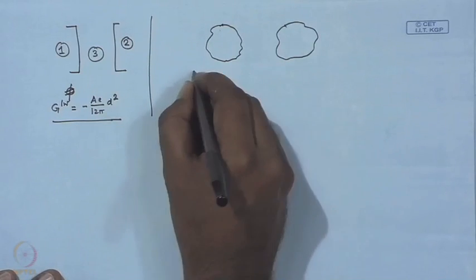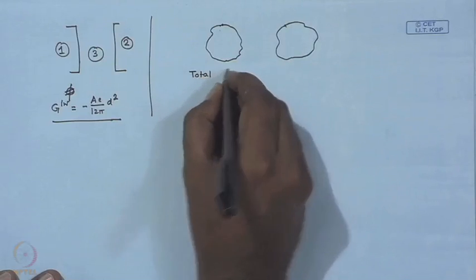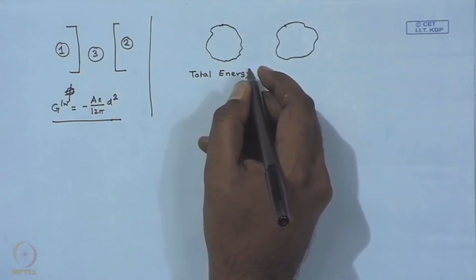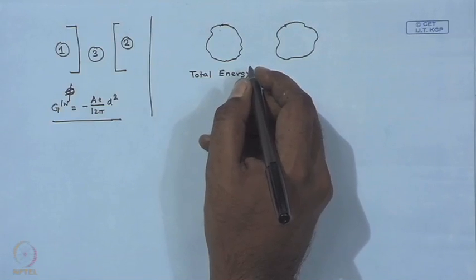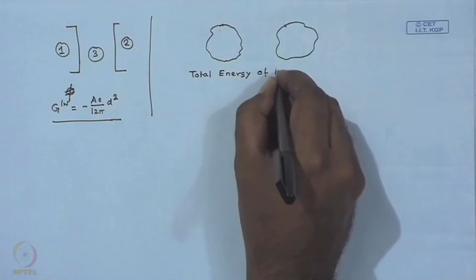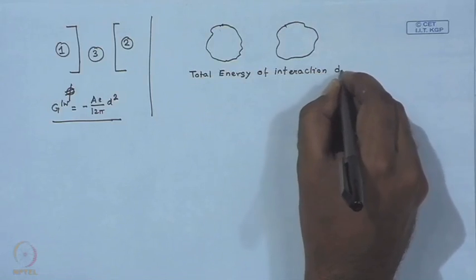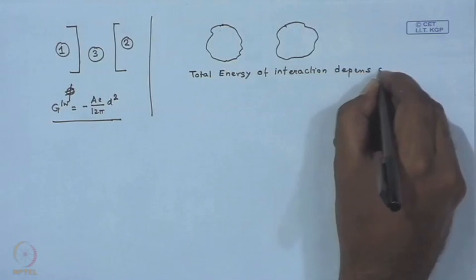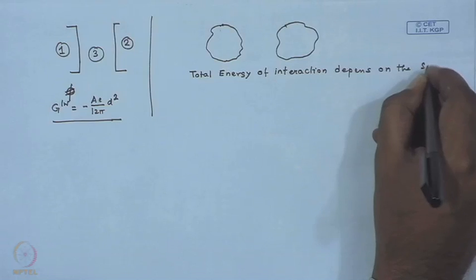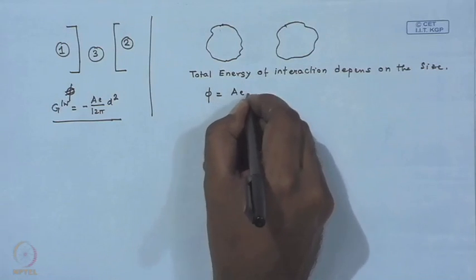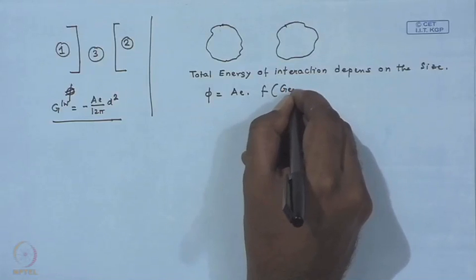The total energy of interaction depends on the size, and effectively phi becomes a function of the effective Hamaker constant into a function of geometry.